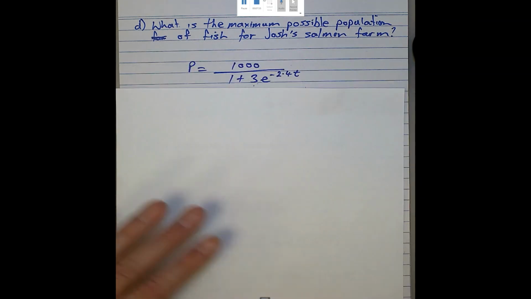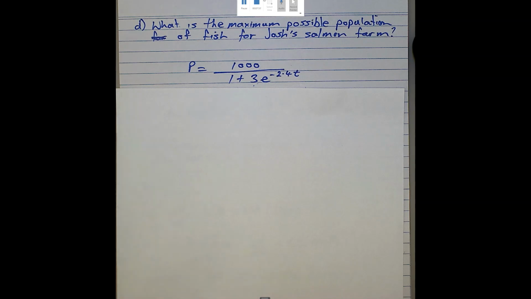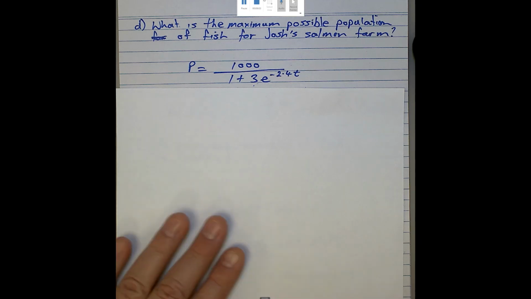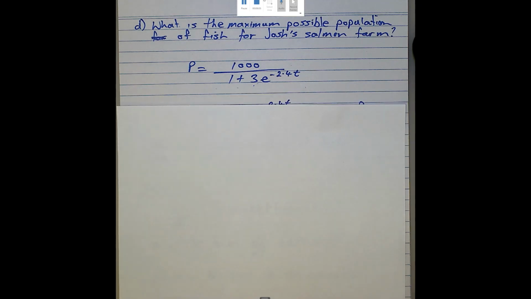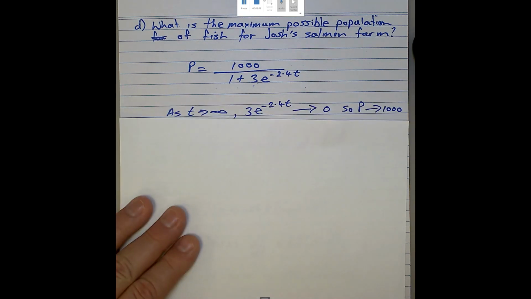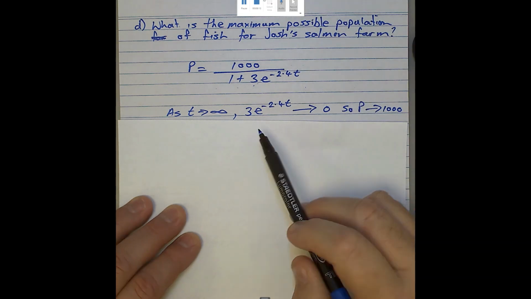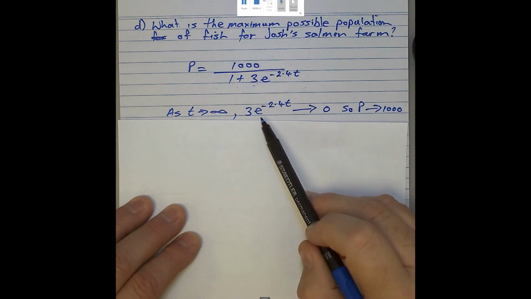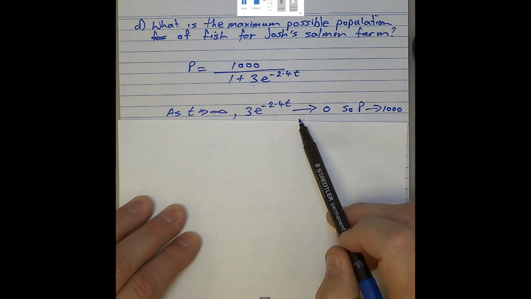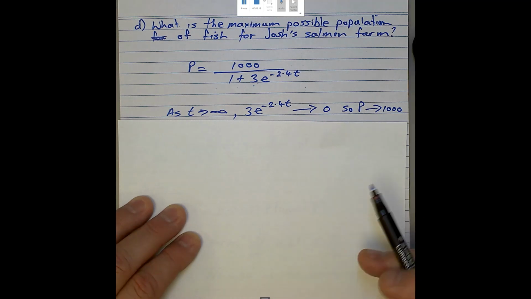When we have a look at our original equation, P equals 1,000 over 1 plus 3e to the minus 2.4t, we know that as t approaches infinity, as time goes on and on, the expression down the bottom, 3e to the minus 2.4t, will approach 0.